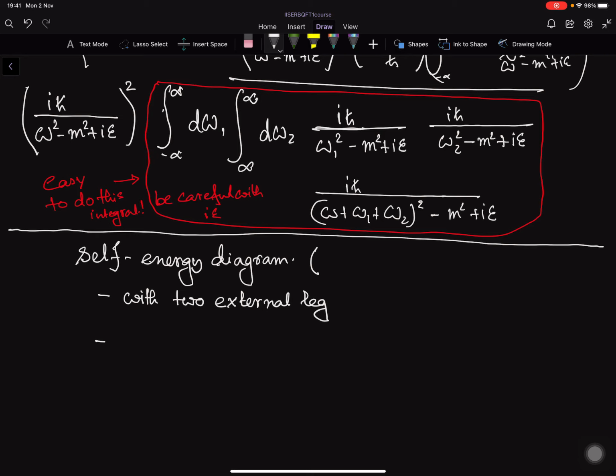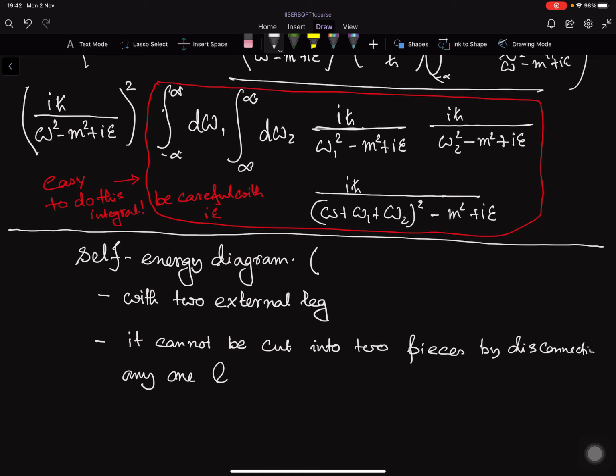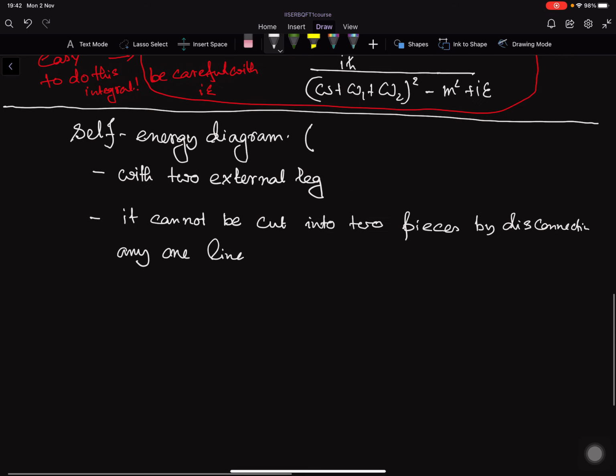And the second is that it cannot be cut into two pieces by disconnecting any one line. So for example, this is a self energy diagram.